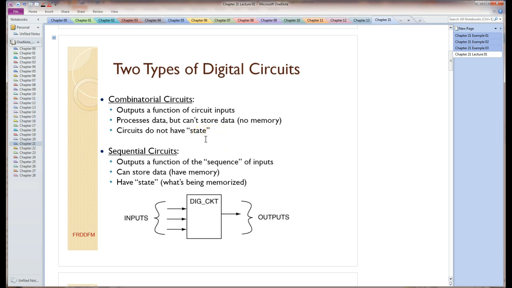The outputs in a sequential circuit are a function not of the inputs alone, but in particular of the sequence of inputs. These circuits have memory, so we can say sequential circuits have state. And remember, the state is what data that particular circuit is memorizing at any particular time.